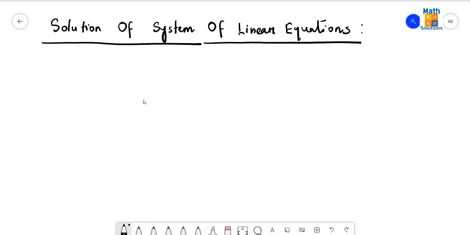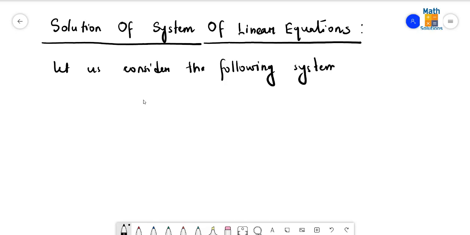Suppose we consider the following system of linear equations.